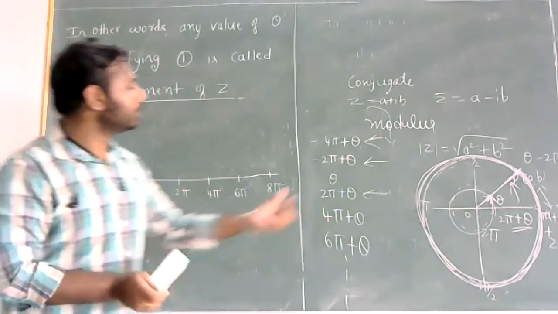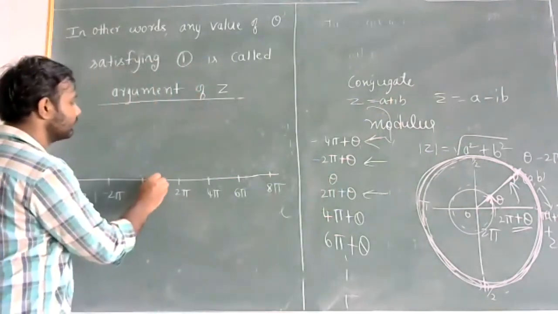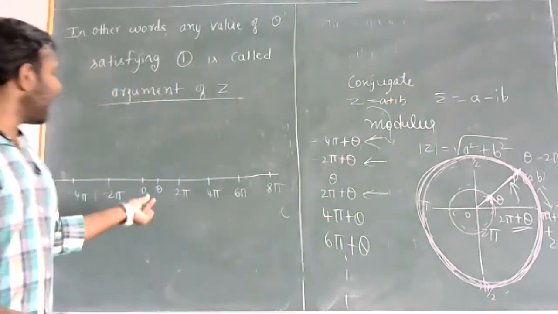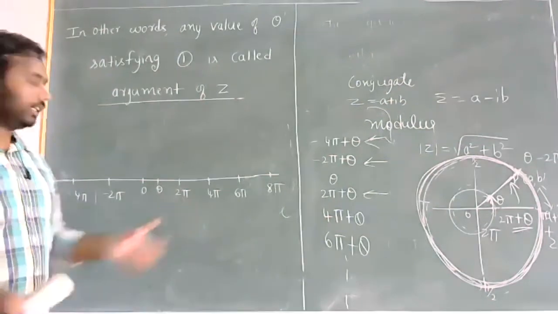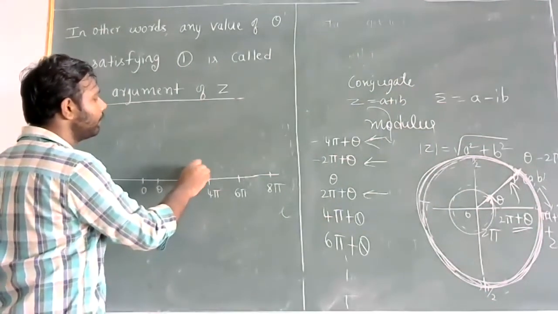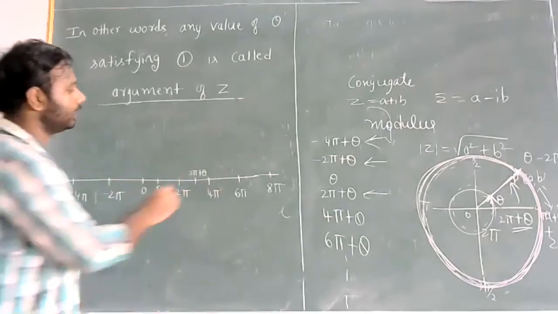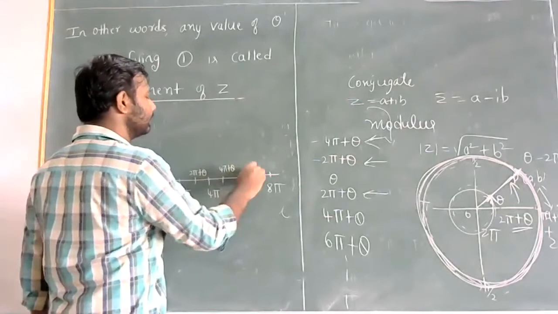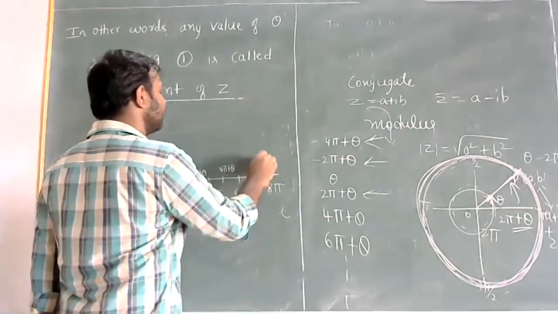So assume that suppose theta is here. So obviously it will be an angle between 0 to 2 pi initially. Now if I add 2 pi, this will be 2 pi plus theta. Next 4 pi plus theta, 6 pi plus theta.